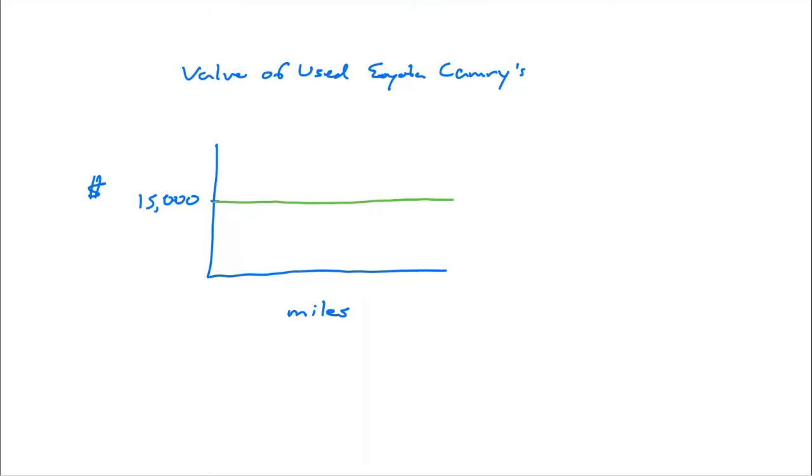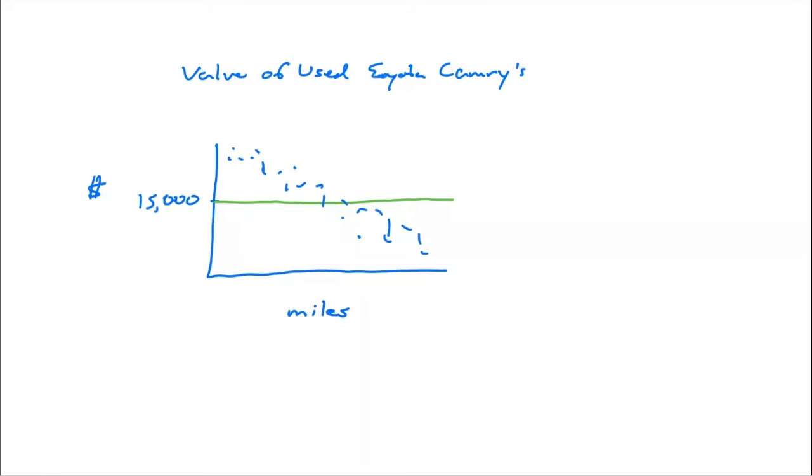Very low mileage cars are going to be worth more than $15,000. But at some point, you get enough miles on that Toyota Camry, and they're going to be worth less than $15,000. Let's just assume we have a nice linear pattern like this. I didn't necessarily mean it to be quite so perfectly in that cluster, but that's actually fine.